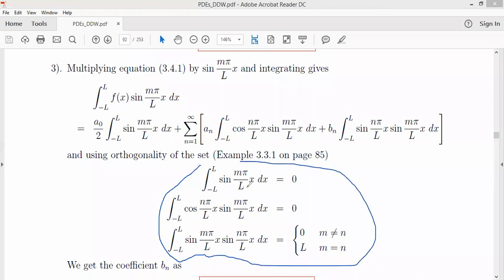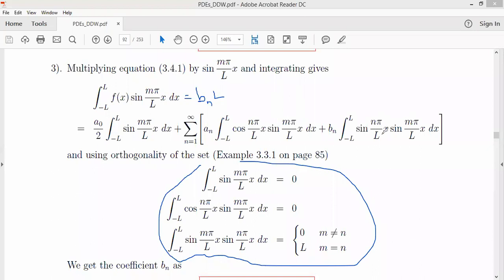So if we multiply all through by sine, what we are going to end up with is simply Bn L. Why Bn L? Remember, m is equal to n.